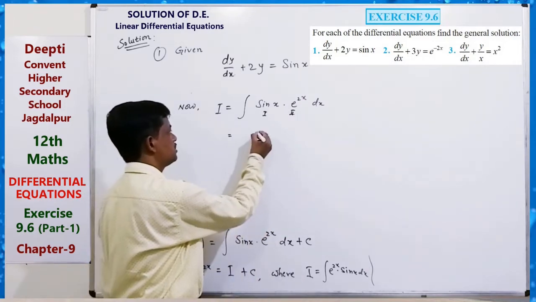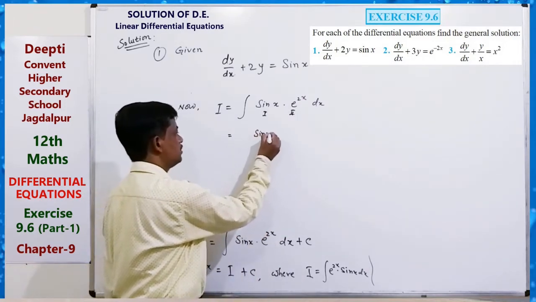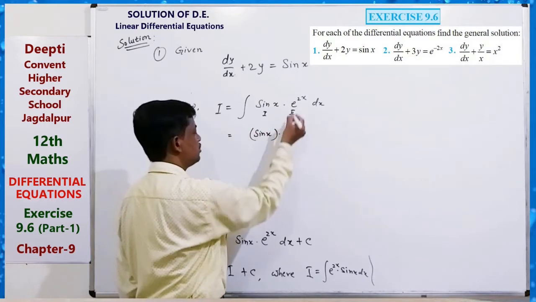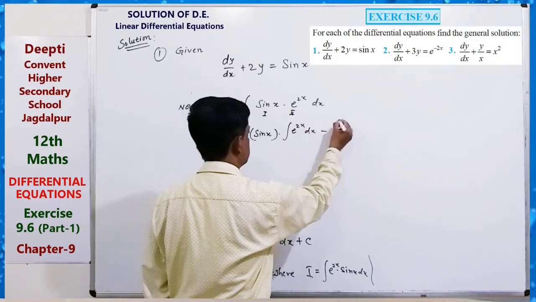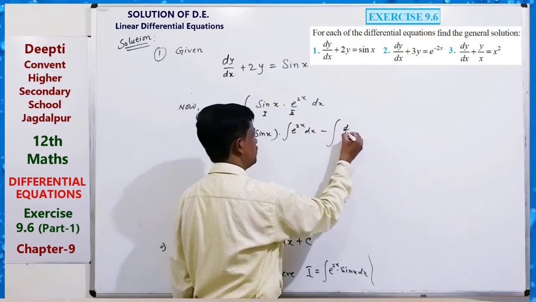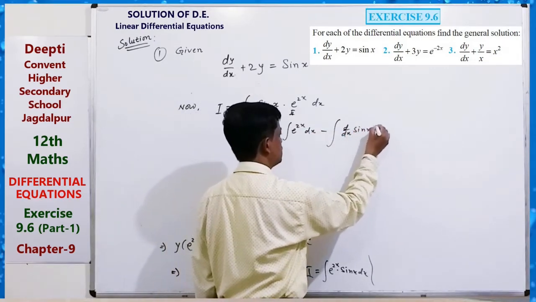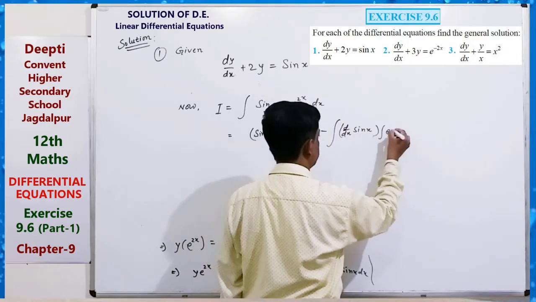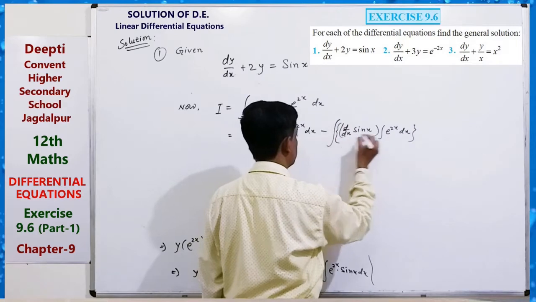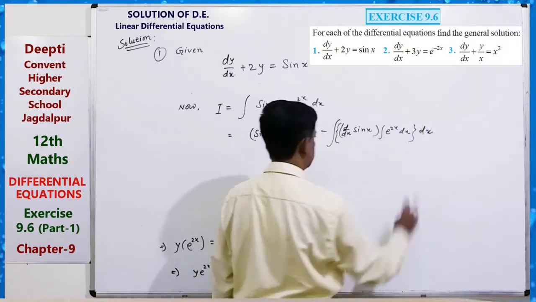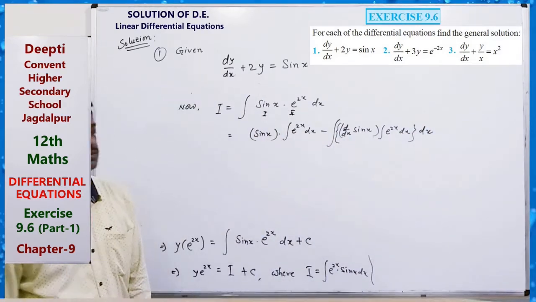So first function sin x into the integration of e to the power 2x dx, minus the integration of the differentiation of sin x times the integration of the second function, with respect to x.